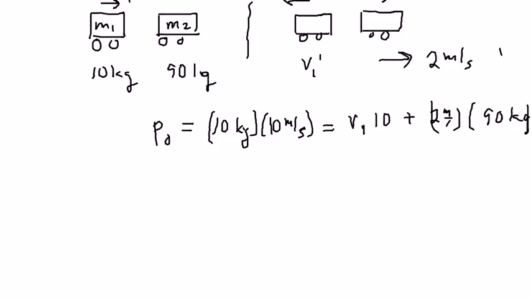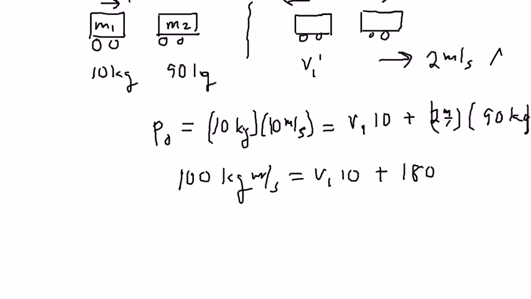So this looks like 100 kilogram meters per second is equal to v1 times 10 plus 180 kilogram meters per second.